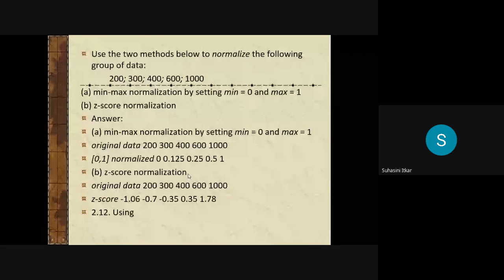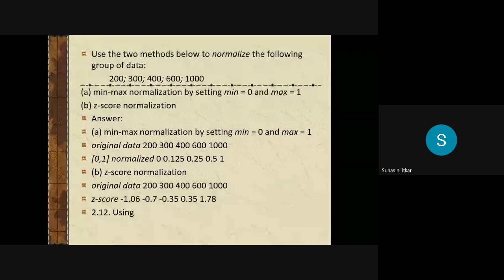Anyone can unmute the mic and speak. 600. Yes, 600 is correct. Everybody check whether it's coming 600.